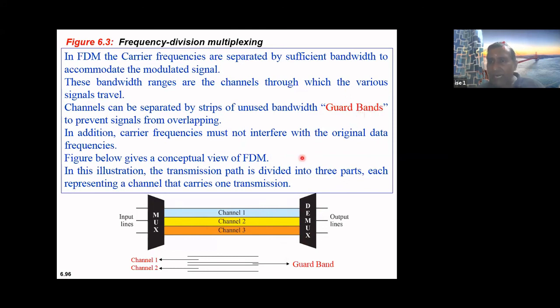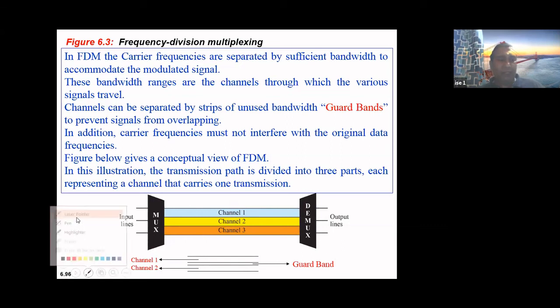Its role is to prevent mingling of signals from one channel into another. This is channel 1, say this is channel 2, and in between there is some free bandwidth where no signal will travel. This free bandwidth is called the guard band.